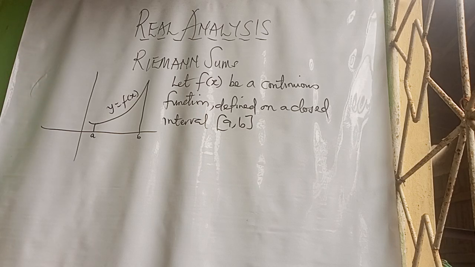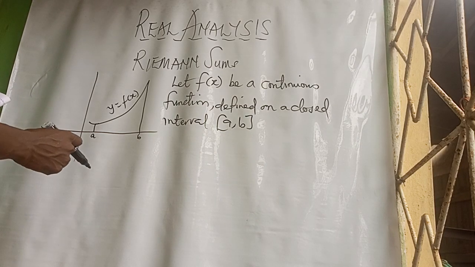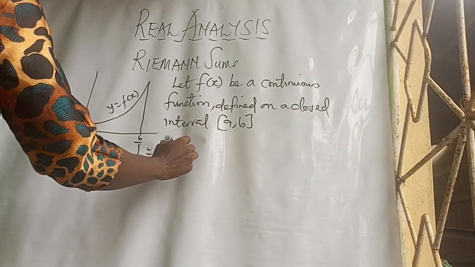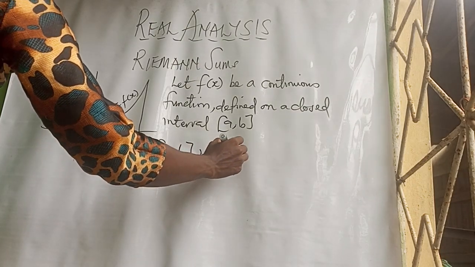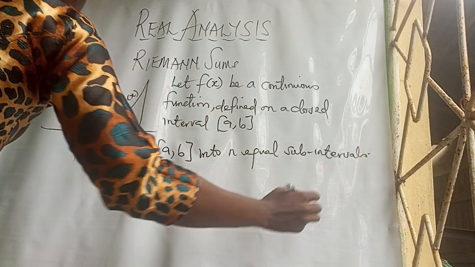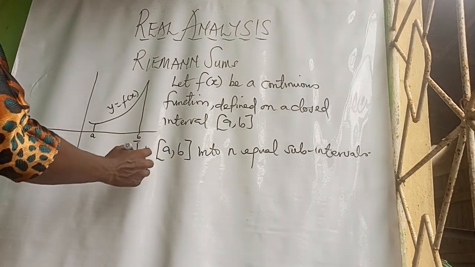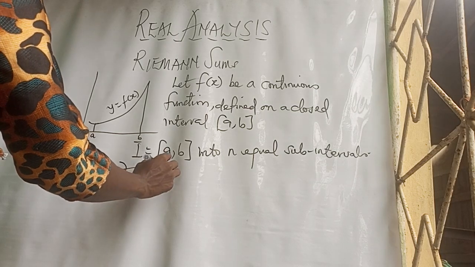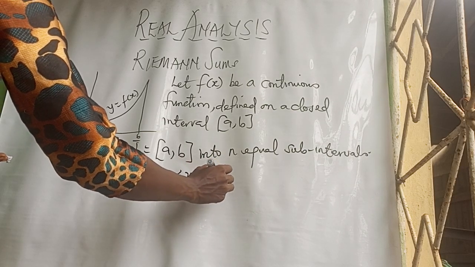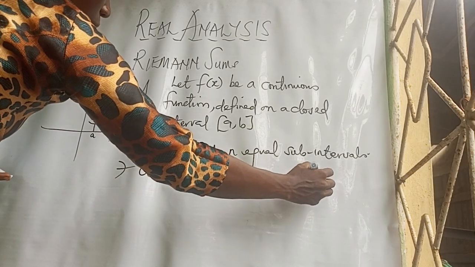In order to do this, we are going to divide the interval AB into n equal subintervals, such that A is equal to x naught is less than x1 is less than x2, down to x sub n.